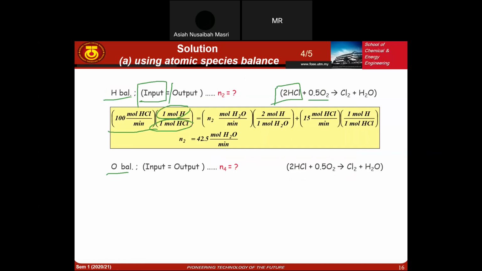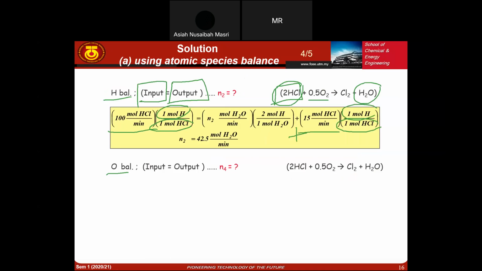Then let's see our output. Where do we have hydrogen? We have hydrogen here in water. Another place is the excess HCl, the one that's not reacted. How much HCl is not reacted? We have 15 mole HCl per minute not reacted, and for every 1 mole of HCl, there is 1 mole of H. Add up with the H from the water.